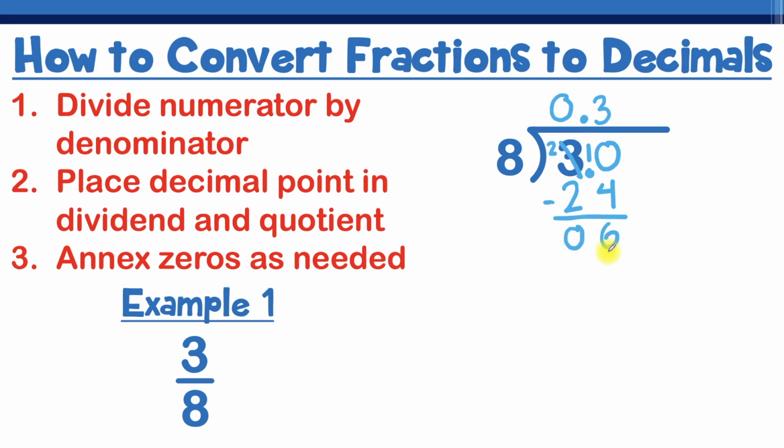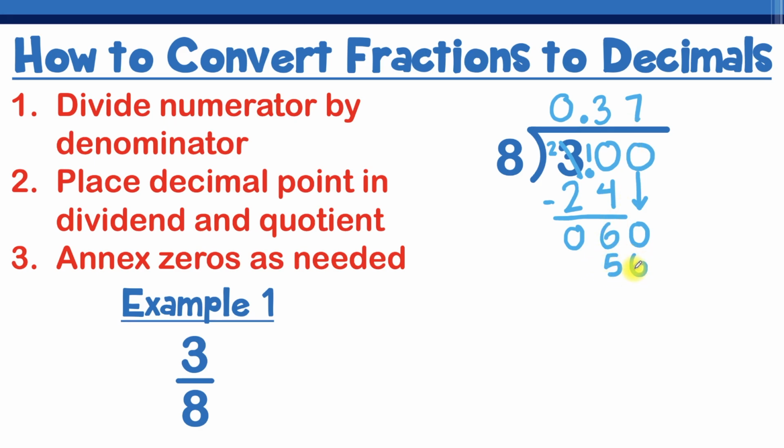Since we still have a remainder, that means we're going to have to annex another 0. So we'll put a 0 here, and then bring it down. So now we're seeing how many times 8 can go into 60. And that would be 7, because 8 times 7 is 56.